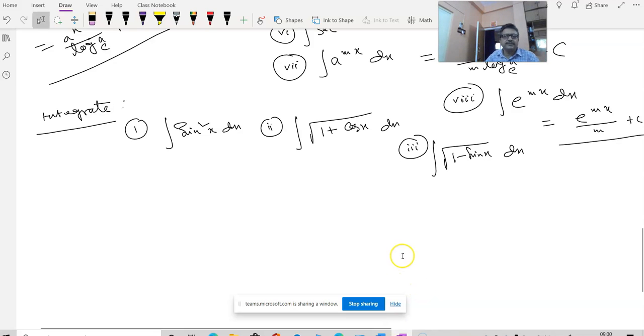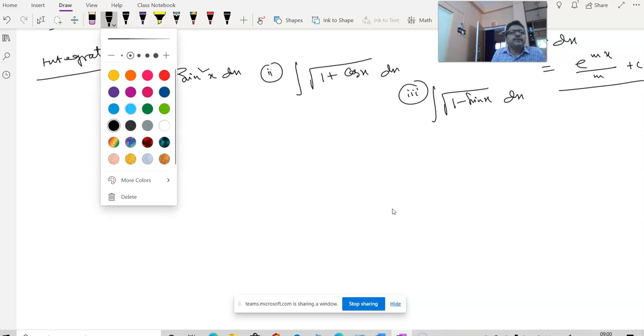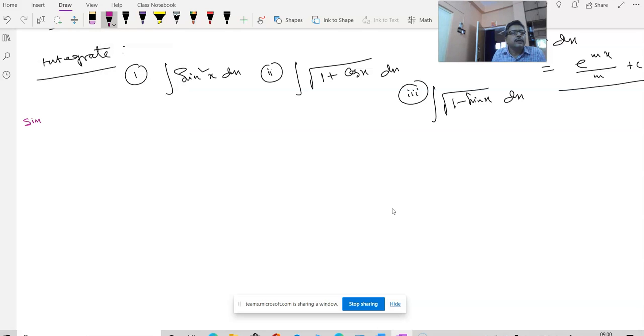Sin square x dx, how to integrate? Because in the previous class we have seen that sin x integration can be done. Sin square x, no product rule is there, so we cannot integrate directly, but here we can do it. Sin square x, all of you remember that sin square x in terms of some multiple angle can be written as half into 1 minus cos 2x, you know.